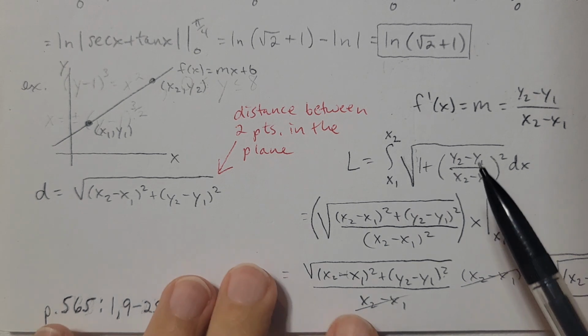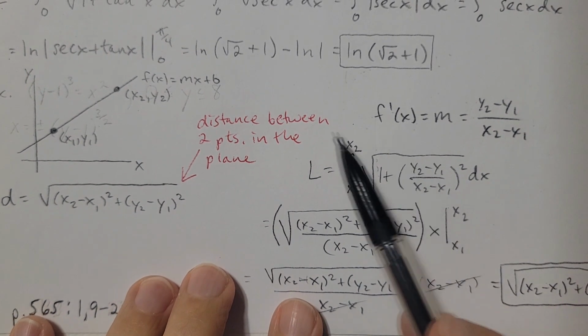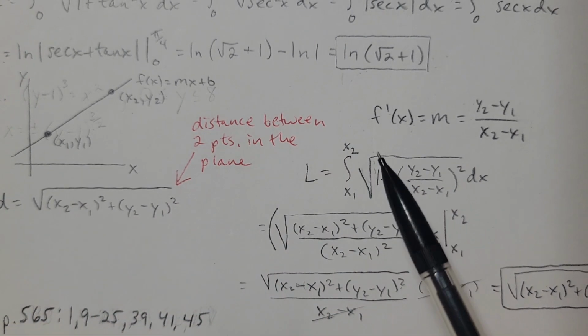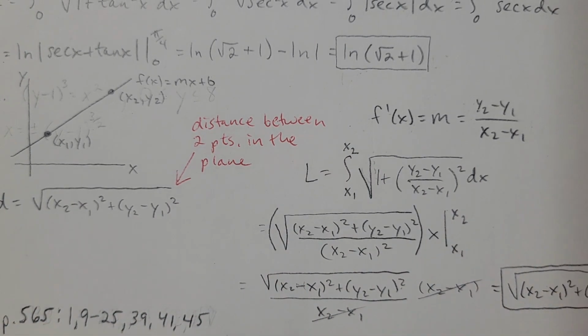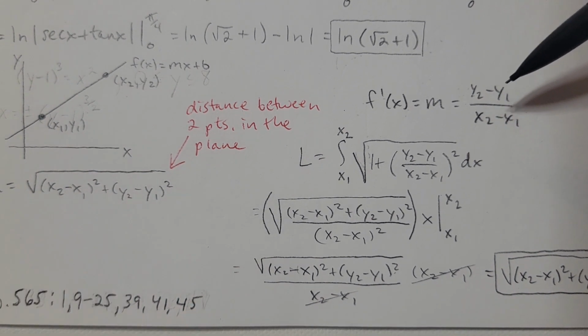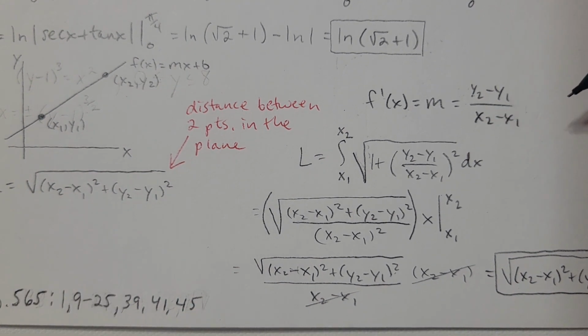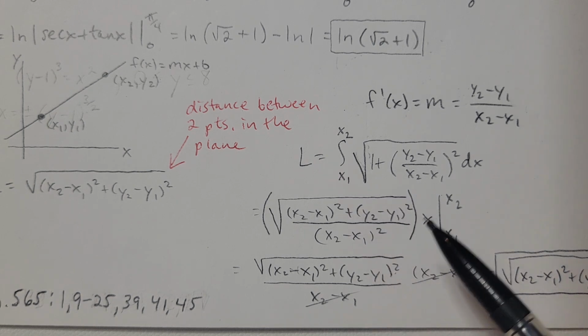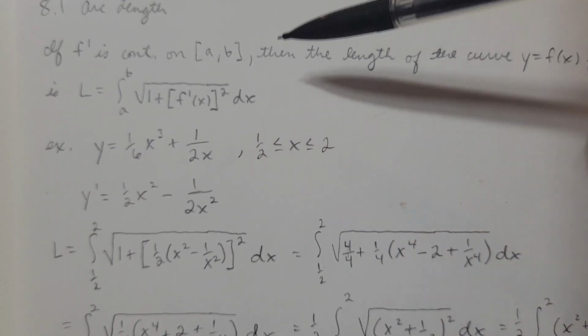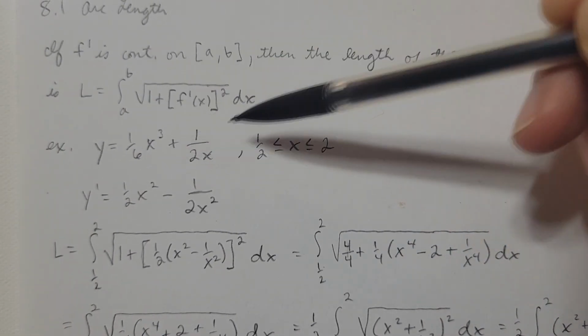Well, f prime of x is going to be the slope of this line. The slope of a line is change in y over change in x, so that's y2 minus y1 divided by x2 minus x1. Now keep in mind that when I'm using this formula, everything about this integral is in terms of x.